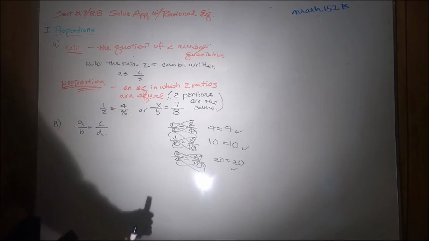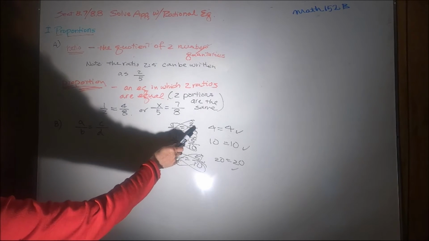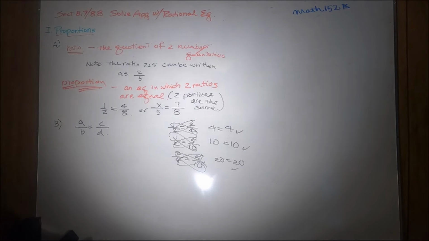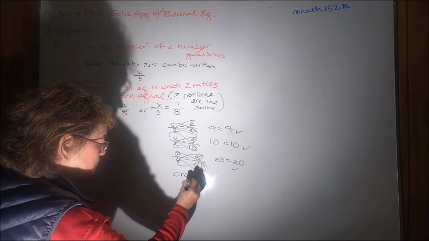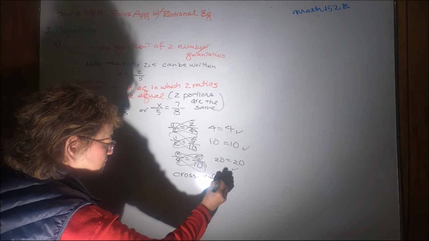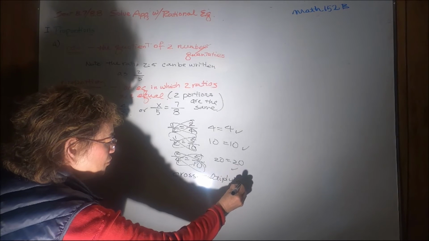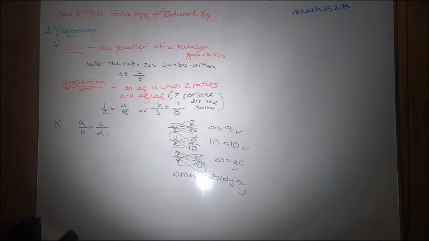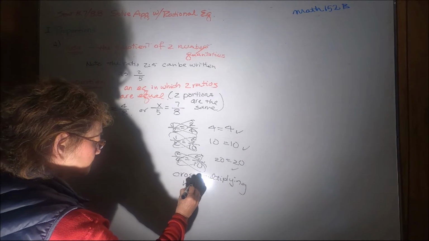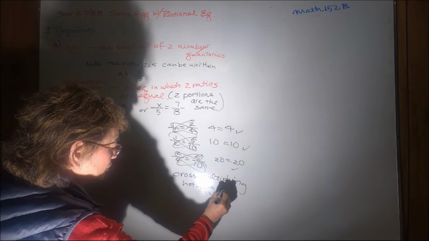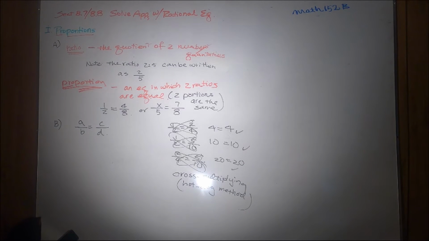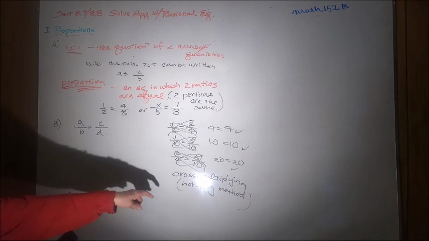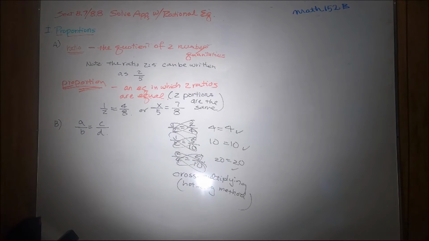If you have a proportion, you have two portions that are the same. When you cross multiply, you will have the same number, right? Or we can call it the hot dog method. Formally, we call it cross multiplying, but for you to remember it easily, we say hot dog method.